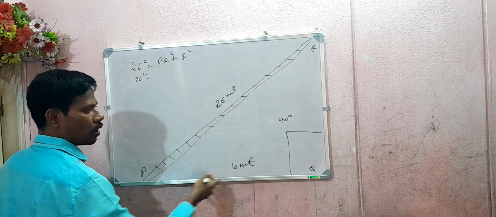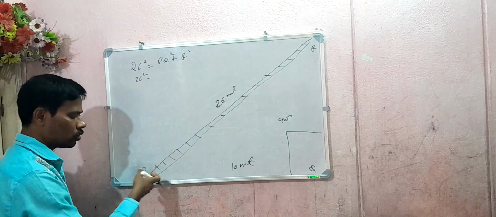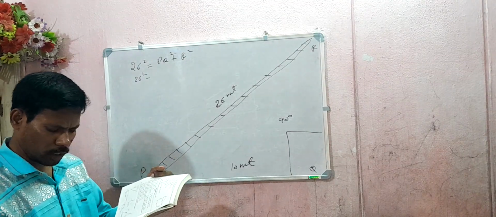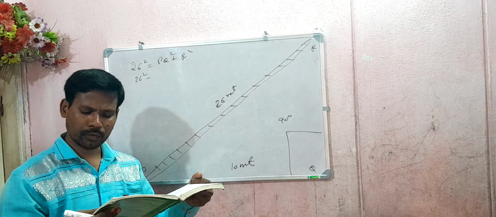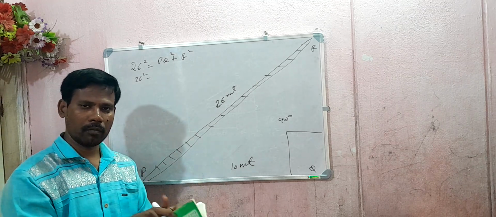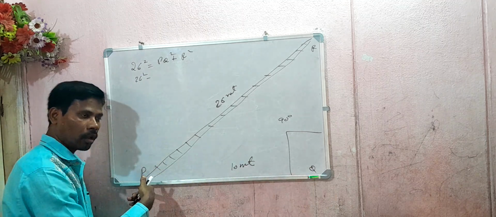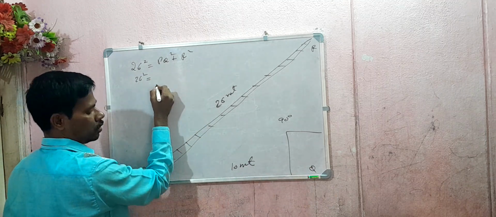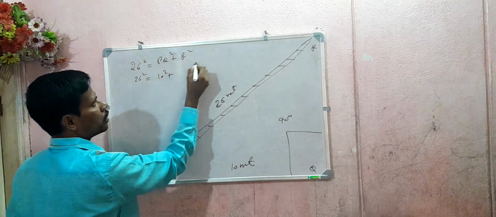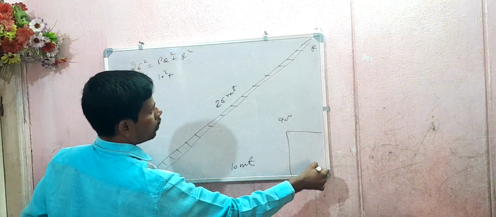What is the length given? Already it is given from the wall to the foot. It is clearly mentioned: foot 10 meters away from the wall. So 26 square is equal to 10 square plus QR square.